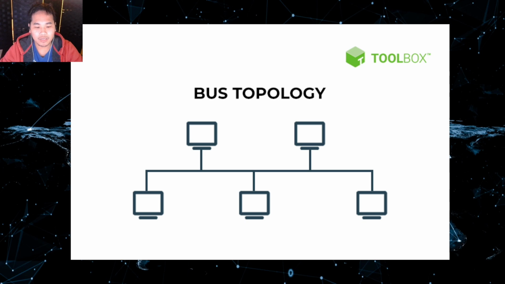Now we're going to talk about the bus topology. Bus topology connects all devices to a single shared cable, the backbone. A device sends a signal and it travels down the whole cable. Every device sees it, but only the intended recipient processes it. The rest ignore it. It's cheap and easy to set up, but it has major flaws.